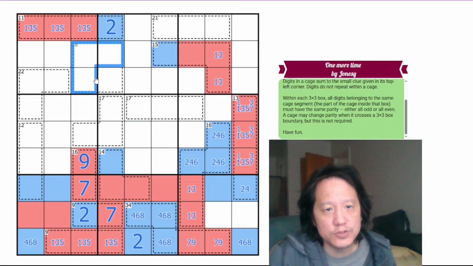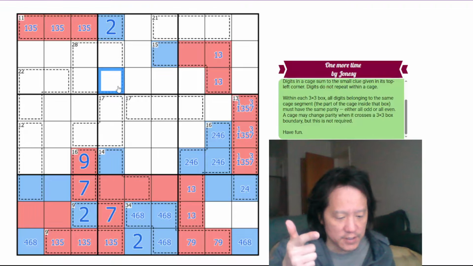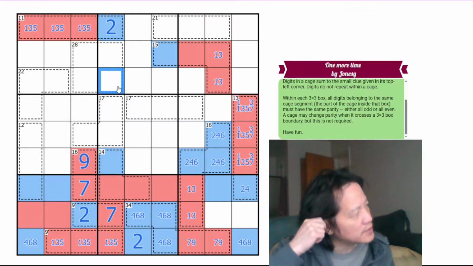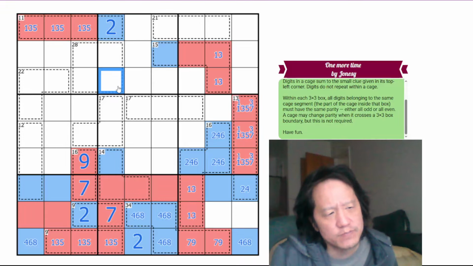To add up to 28, you have to have a 9 in it, right? You have 4, 7, 8, 9, and 5, 6, 8, 9. I think those are the only possibilities. Yes, those are the only possibilities.